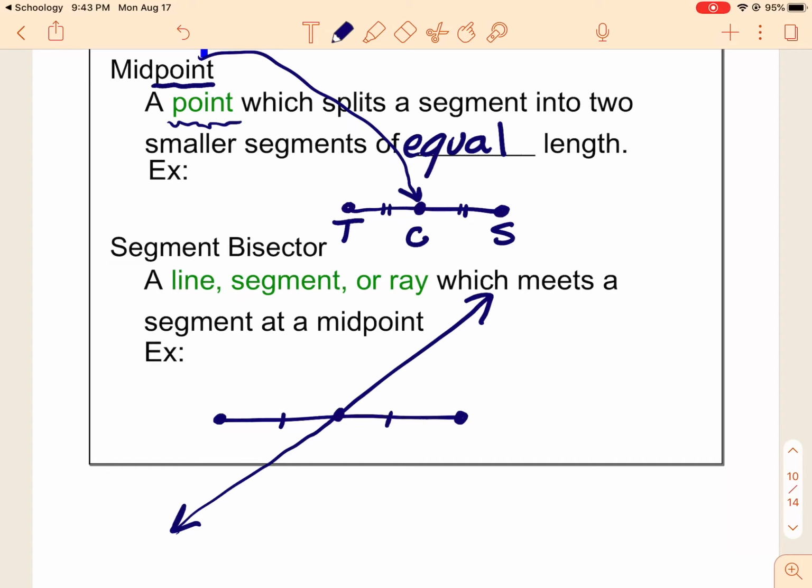Maybe you could have had a ray. Maybe you could have had another segment. All of those work. So maybe we'll just label some of these. So then that's an example that has a line bisecting, so cutting in half, a segment.